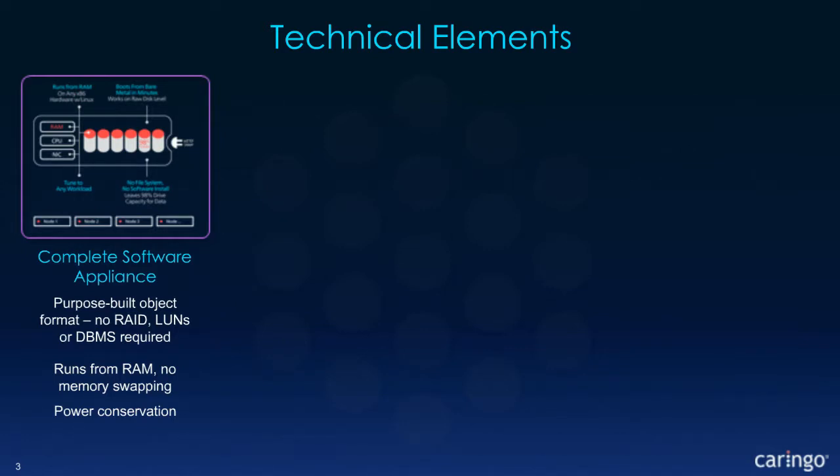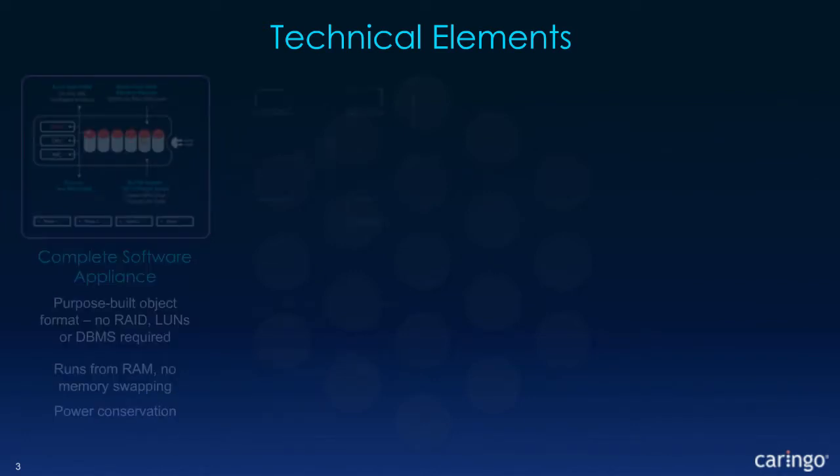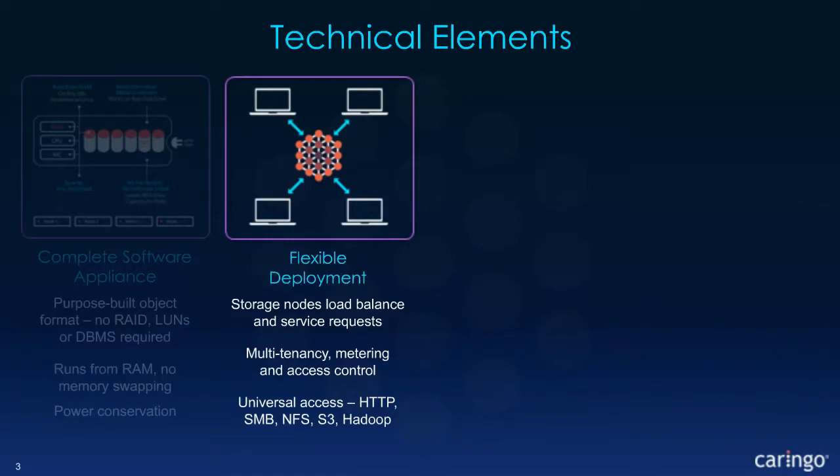And do those software appliances or object processes also incorporate the ability to spin down disks when they're not being used? In the Caringo case, we have a strong preference for appliancizing core servers, for running from RAM for performance, and for spinning down disks in general when they're not needed. But it's definitely something to look at and be aware of.